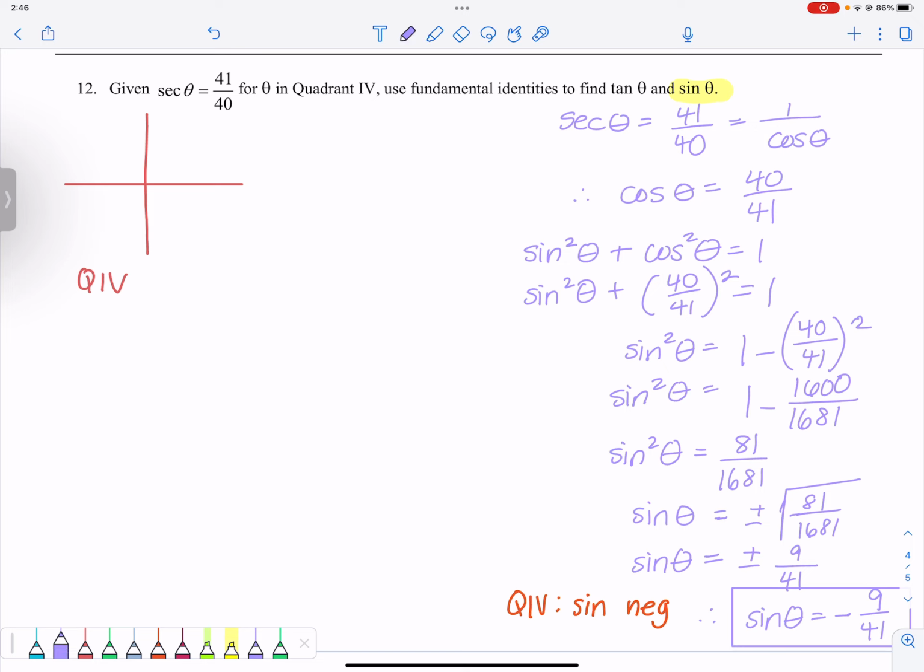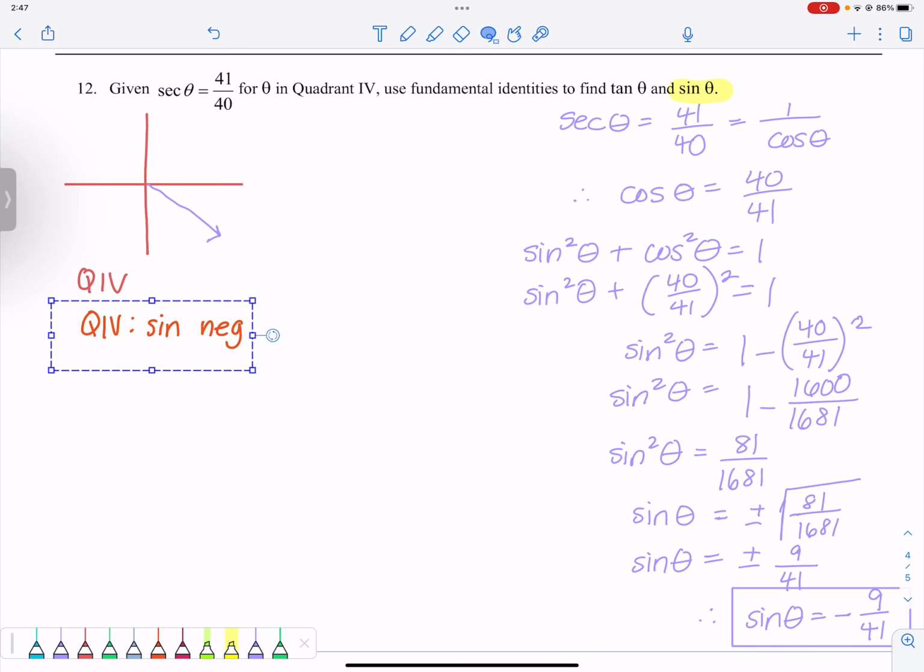And now we know we're in quadrant 4, so we could probably just go ahead and put that there. So what do we know in quadrant 4? We also know that the tangent is negative in quadrant 4. So let's do a little work for the tangent.